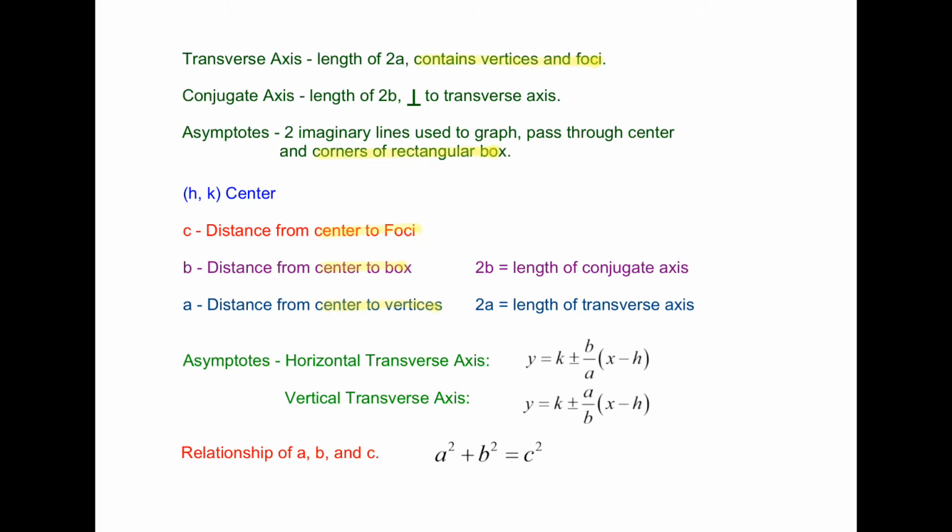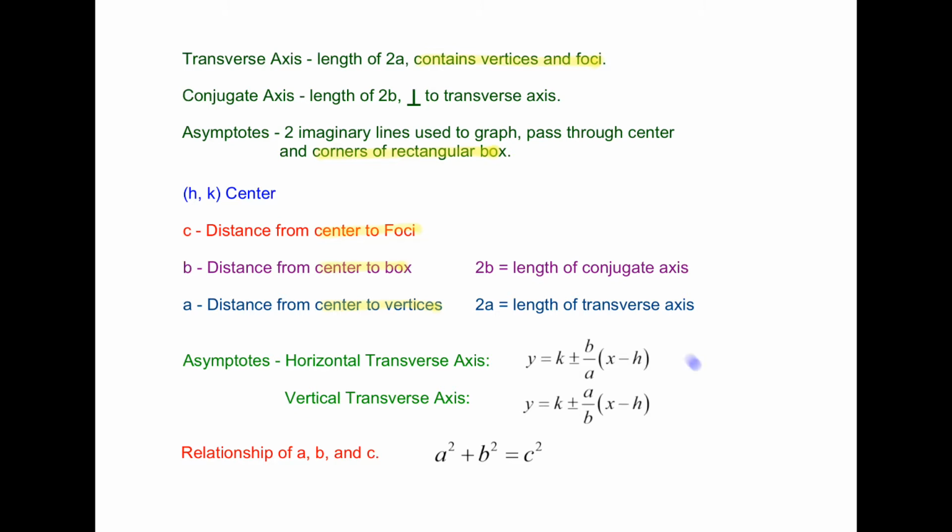Now the asymptotes. Your two equations of asymptotes might look familiar. y equals k plus or minus b over a times the quantity x minus h, or if it's vertical, y equals k plus or minus a over b times (x minus h). Now, in reality, once again, we don't want to memorize too much stuff here.